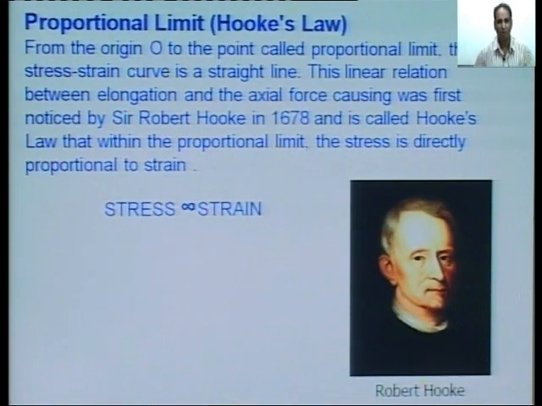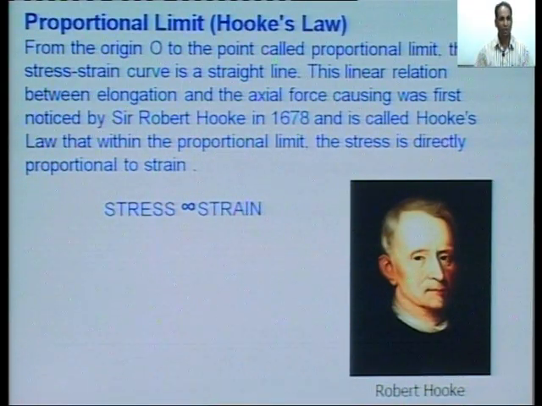First of all, in this stress strain curve, first is the proportional limit, that is the elastic limit. At this stage it always obeys Hooke's law. From the origin O to the point called the proportional limit, the stress strain curve is a straight line.